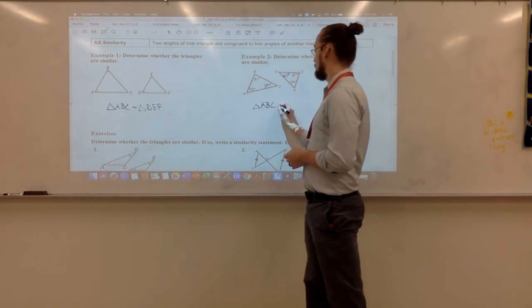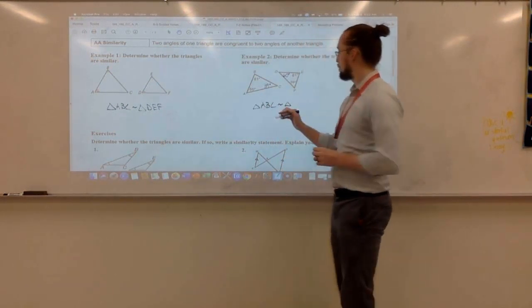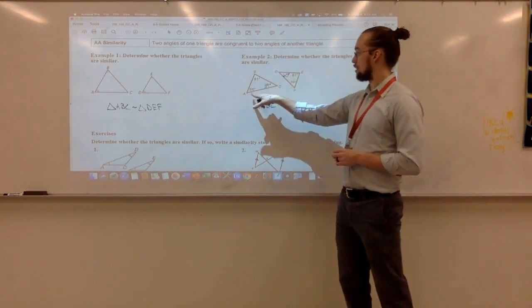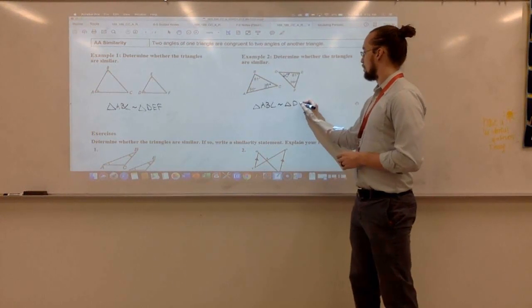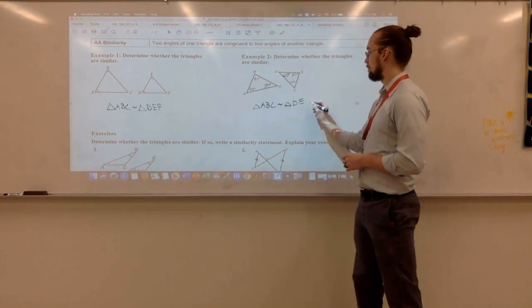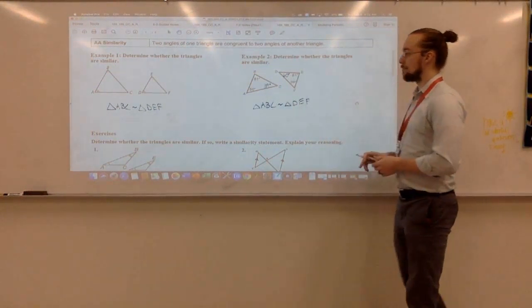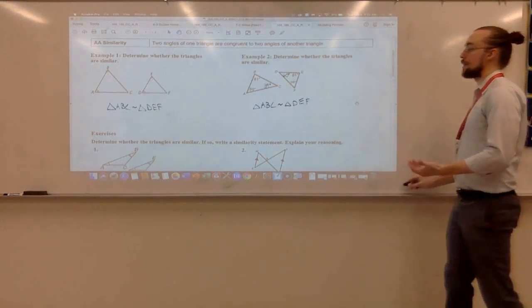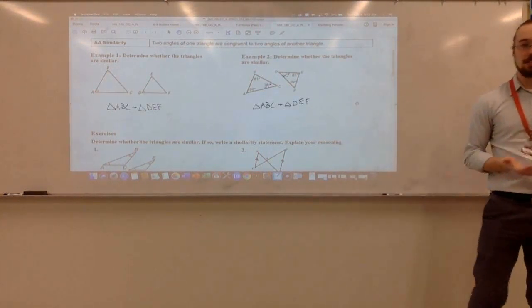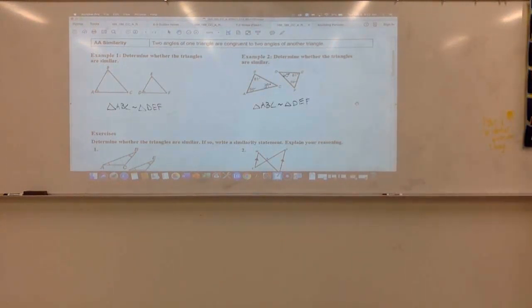I could say triangle ABC is similar to triangle, let's see, A matches up with B, B matches up with E, and C matches up with F. So if we are just able to show that 2 pairs of angles are congruent, I can claim that the triangles are similar. Questions?